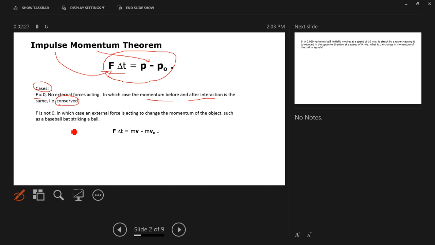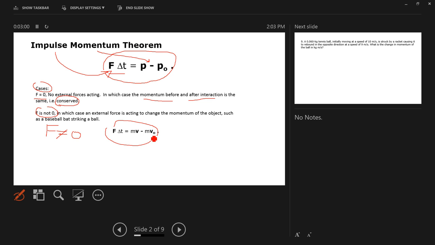We look for these conservation principles because they tell us about the rules that govern our universe. Now, the other case is if F is not equal to 0. Mathematically, we'd write that F is not 0, in which case the impulse momentum theorem still has the impulse on the left-hand side, and that impulse is because there's some external force acting on the mass m, originally moving at velocity v0, which will change its velocity to another velocity.